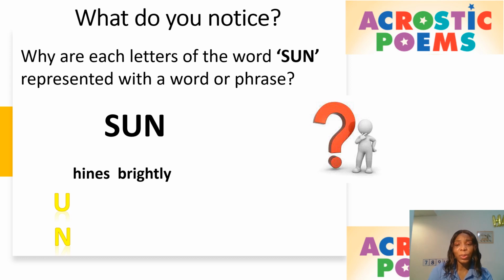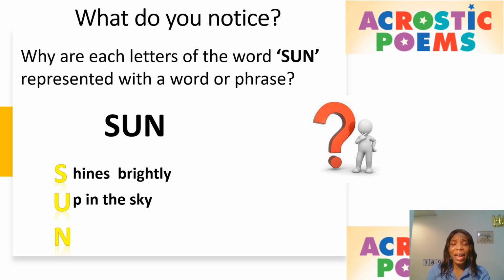The letter U is represented with another phrase, up in the sky. You can also see the letter N is also represented with another phrase, nice and warm on my skin.